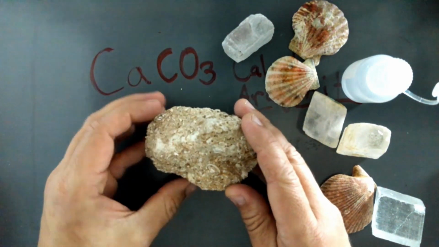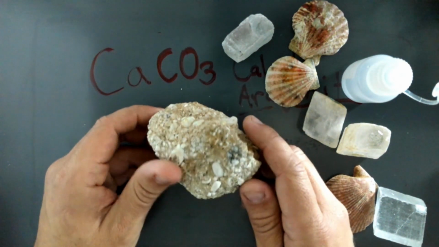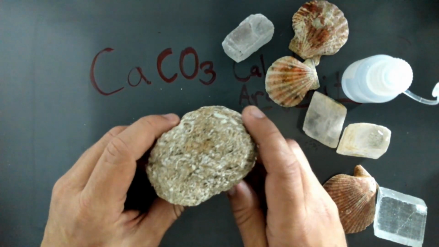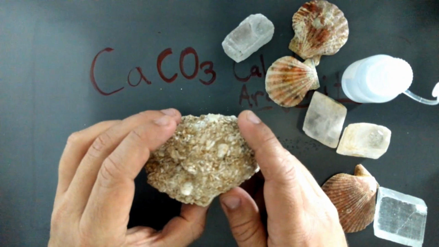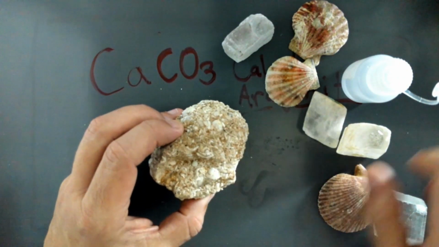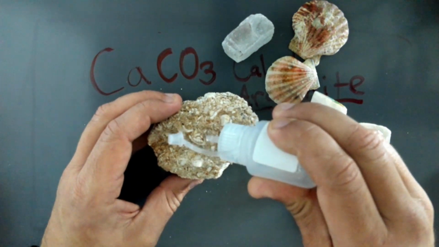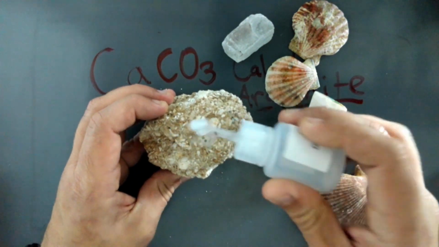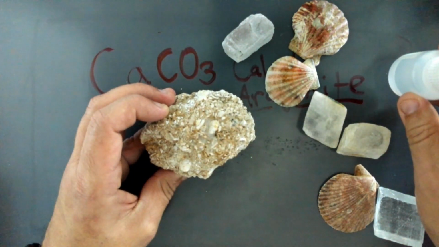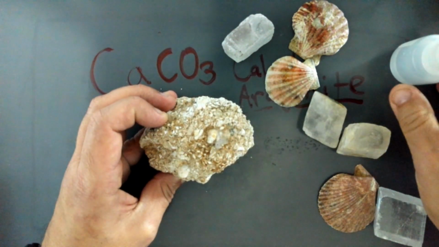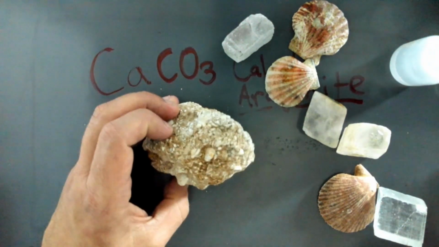If you take a look at this closely, this is a sedimentary rock that's totally made out of little clam shells. Just like I was showing you before, I could put a little bit of acid on this rock, and you can hear and see the reaction of the acid with the clamshells in the rock. So, just another little demonstration for you.